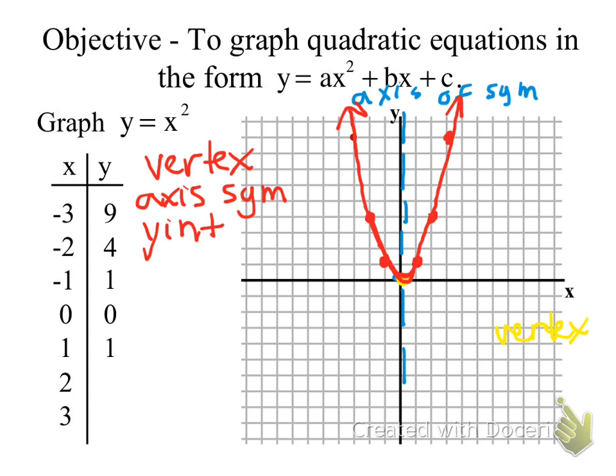Okay? And you need at least 3 points, preferably more, to draw a more accurate parabola. So usually like 5 points. Okay, am I forgetting anything? Axis of symmetry, vertex, y-intercept.